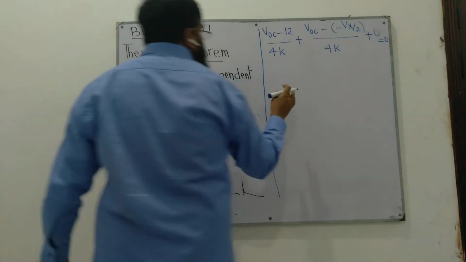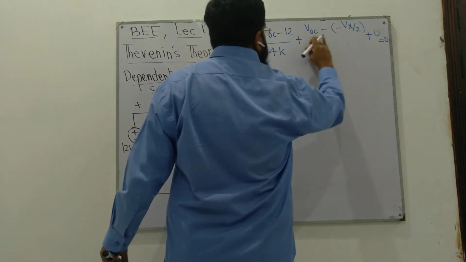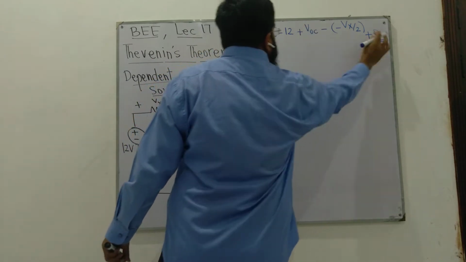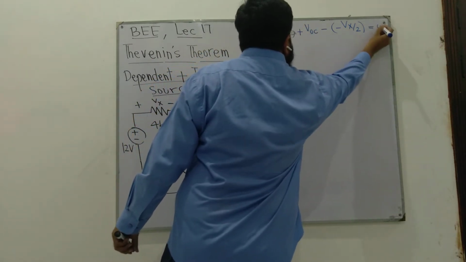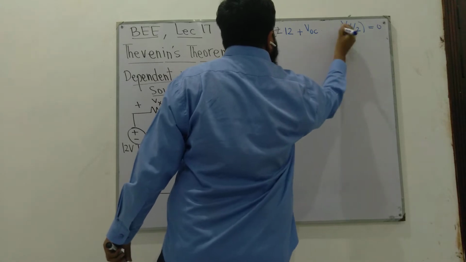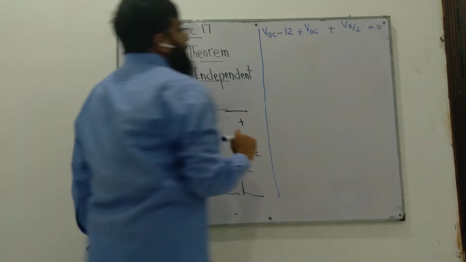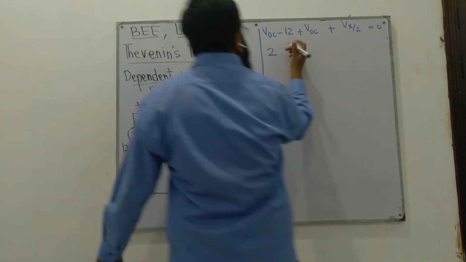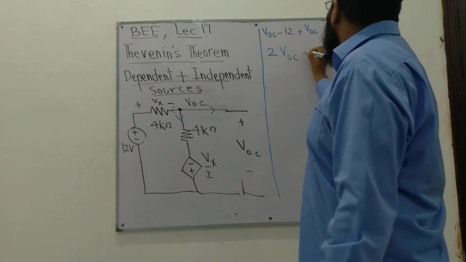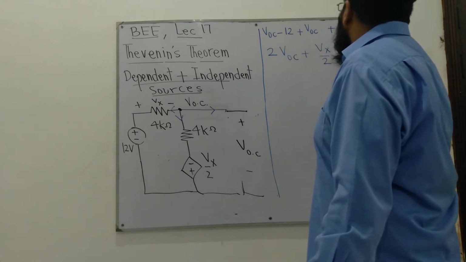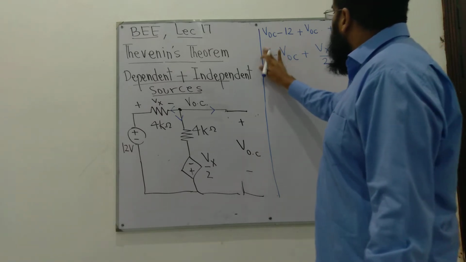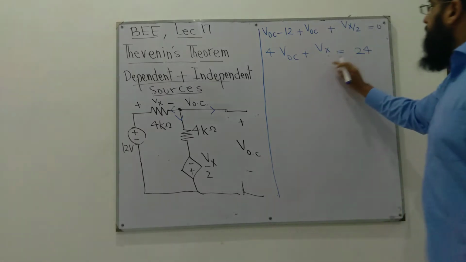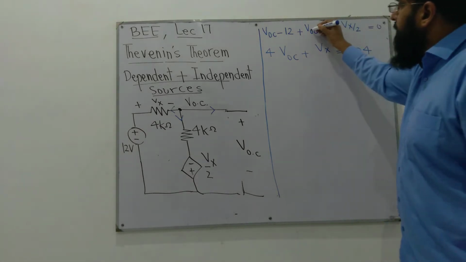We can simplify this because we have 4K in the denominator on both sides, so we can get rid of 4K straight away. So the equation becomes 2 VOC plus Vx by 2 is equal to 12, or multiplying both sides by 2, this becomes 4 VOC plus Vx is equal to 24.